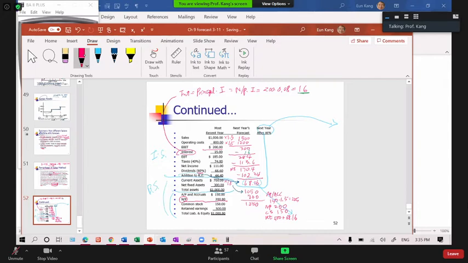Then 568.16. And if you add this one, right-hand side, total liabilities and equity, then you add 225, 200, 150, 568.16. Then right-hand side will be 1143.6.